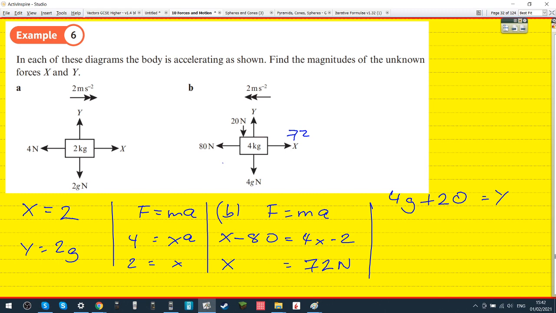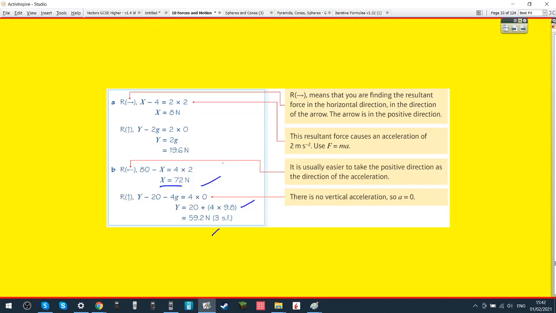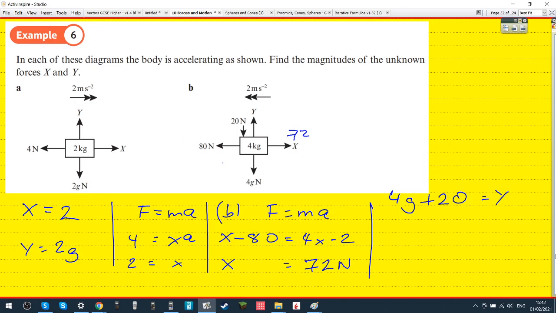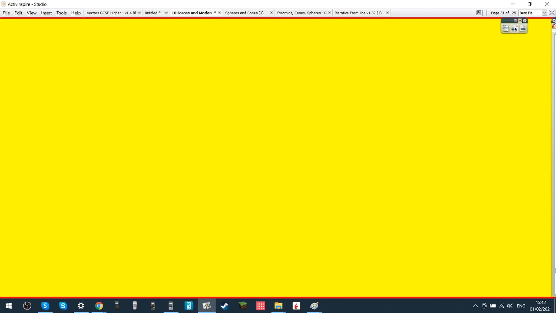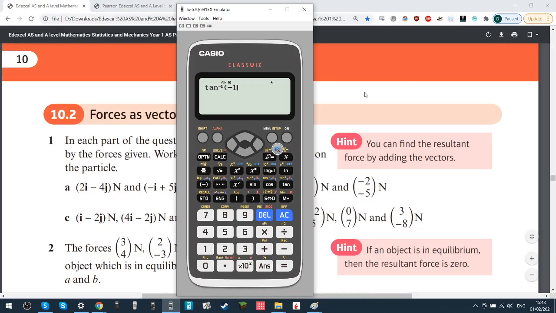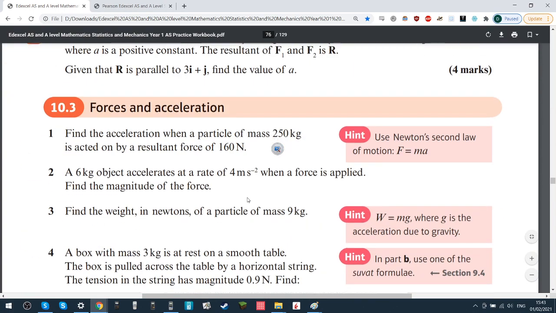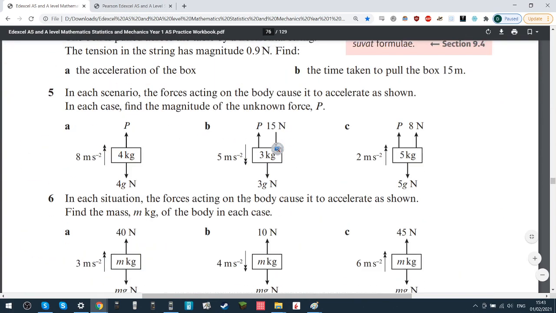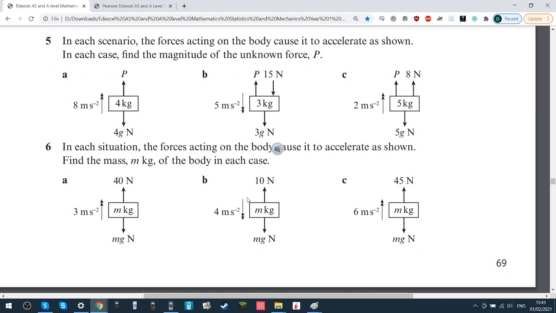Yeah, F equals ma. Total force, total mass, total acceleration. Let me see. That's example 6. Let me just see. Total mass. So we did this one. Okay. Up and down, I think is okay.